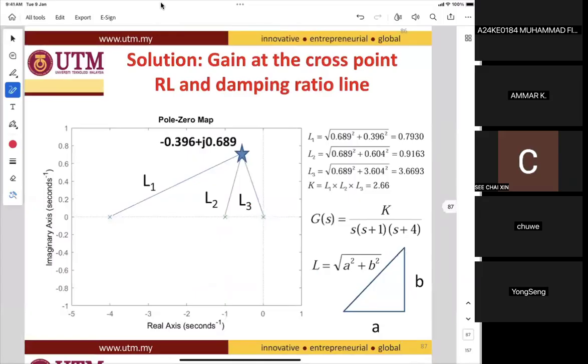So this is the dominant pole, and to find gain K here, you can use the Pythagoras theorem or simply use the gain formula.